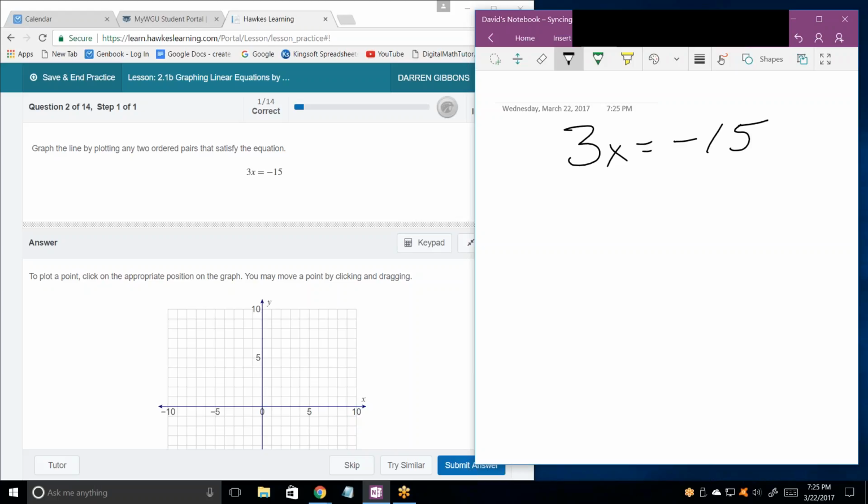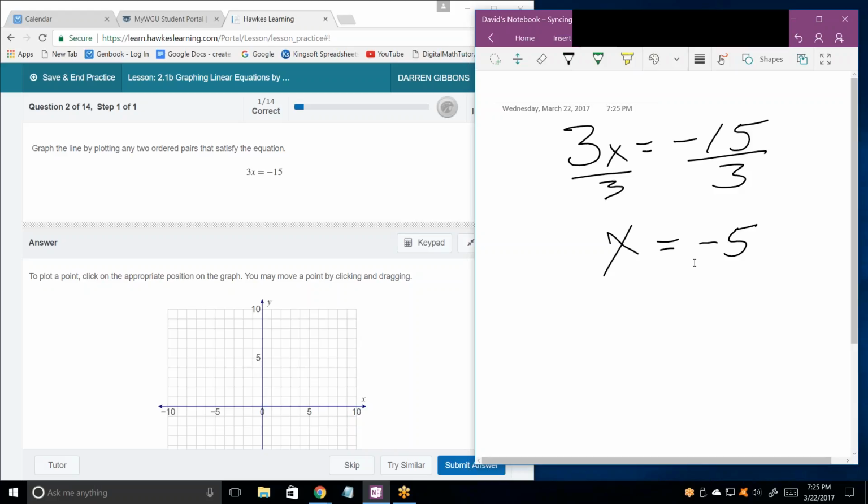Okay, let's solve this equation. So I would put 3x over 3 and make -15 over 3. So what's x equal to? X equals negative, what's that? 5. Okay. Now, horizontal lines are always y equals some number. Vertical lines are always x equals some number.